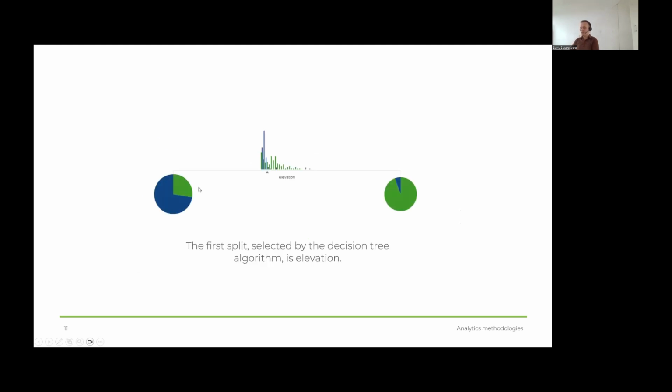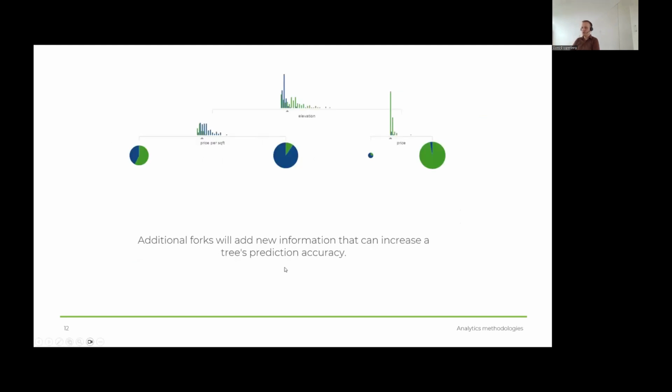Then the next thing is, of course, the algorithm, so if you're going to do this in Python, the algorithm will split first on elevation, calculates the best split for you. What you can actually then do is just make a new split in each of the branches that you have. So here in the left branch, we're going to do a split on price per square feet.